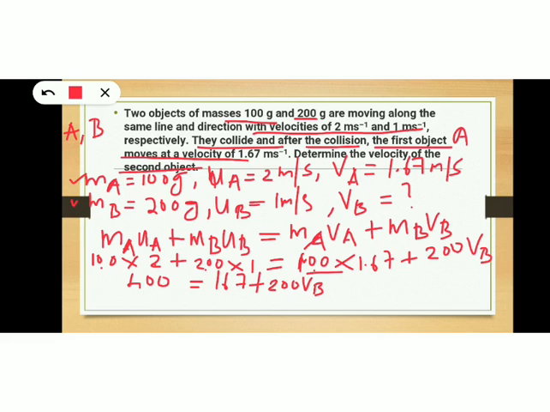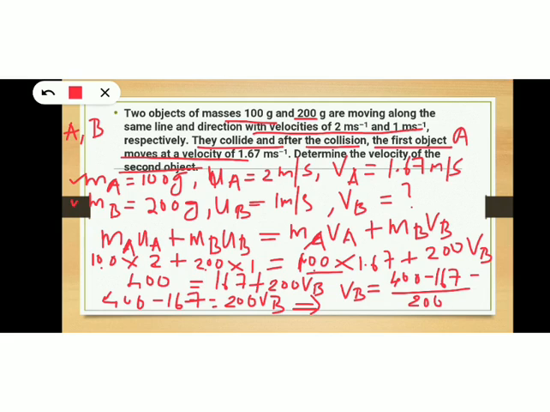So we will get 400 minus 167 is equal to 200 VB. Right? So from this you will get VB equal to 400 minus 167 divided by 200. And what is the value?